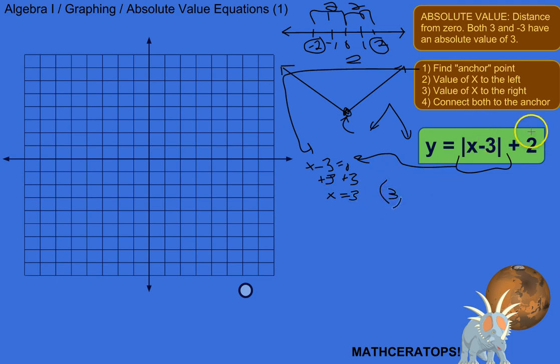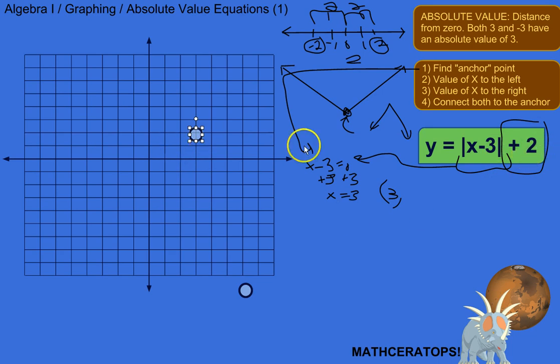Now, if there's a plus something or a minus something, that shows how far up or far down it shifts. So usually, if this plus 2 weren't there, the anchor point would be at x equals 3. So it would be here, 1, 2, 3. That's where it would be. But because there's a plus 2, I'm just going to shift it up 2.